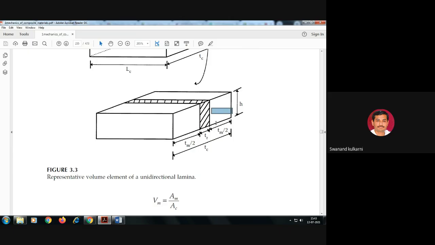That's why this is considered to be Tm divided by 2, meaning half of the matrix thickness. And here Tr is the thickness of the reinforcement. So the thickness of reinforcement plus the half thickness of matrix material gives the thickness of the composite material.